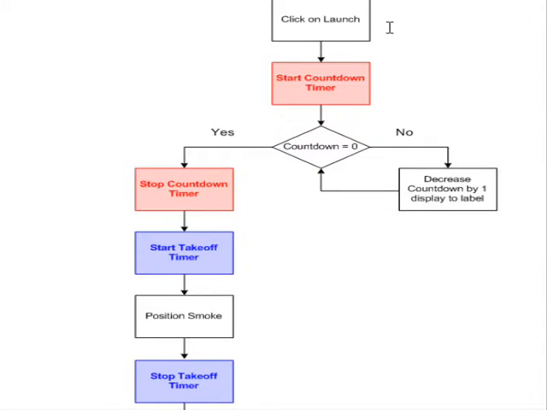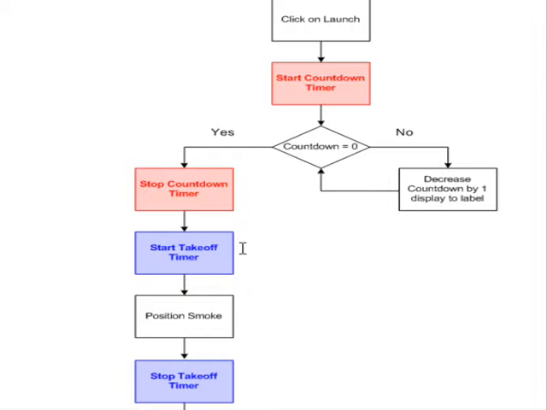When the user clicks on the launch button, the countdown variable is set to 3 and the timer is enabled. Code placed in a timer executes at predetermined intervals. Here, the countdown variable is displayed and continues to decrement by 1 until the countdown is equivalent to 0, at which point the countdown timer is disabled and the takeoff timer enabled.